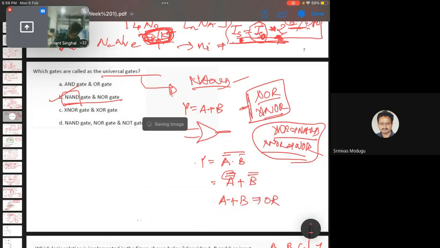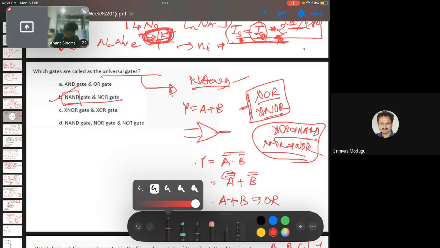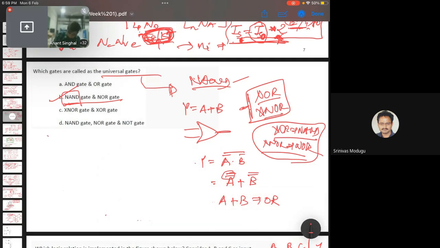So let's suppose we have been given a relation which is something like AB plus CD. Since we know that NAND gate and NOR gate are universal gates, can we try to make this relation AB plus CD using just NAND gates?